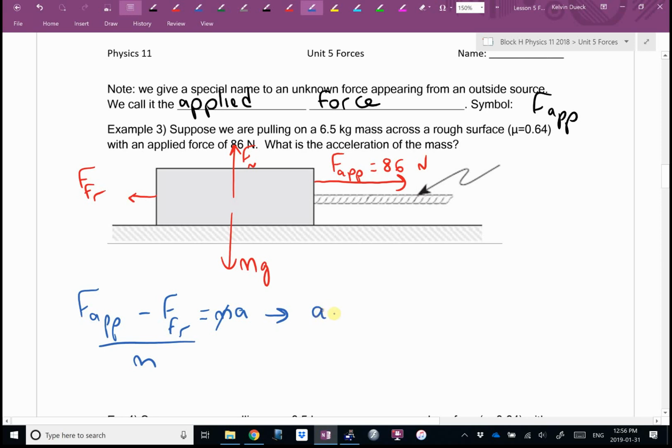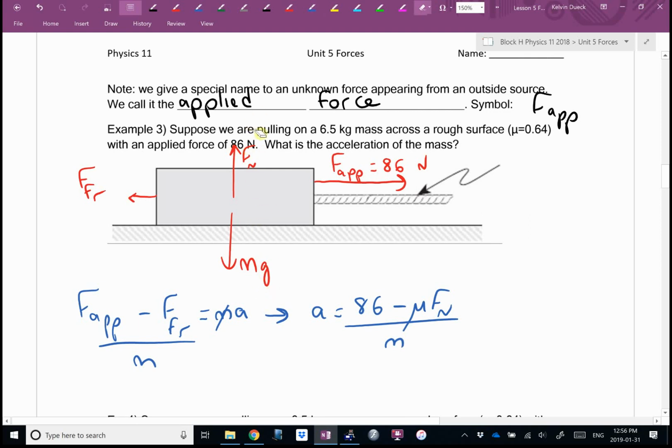I'll get A equals, the applied force is 86 minus, friction is what times what? Good. All over M. Uh-oh, problem. I don't know the normal force. Oh, but look. I know another force the same size as the normal force.